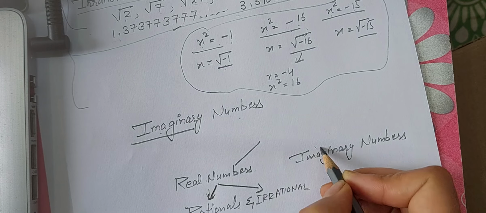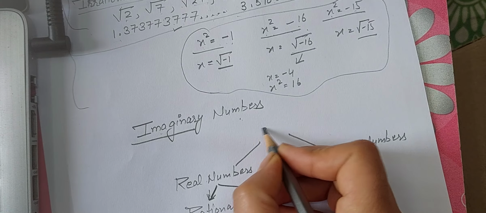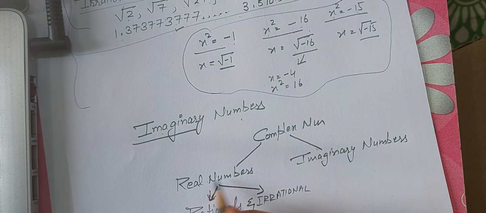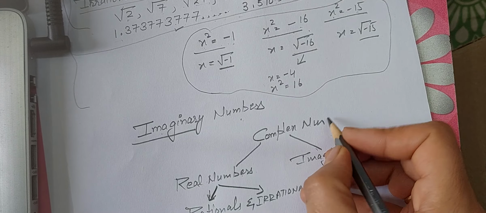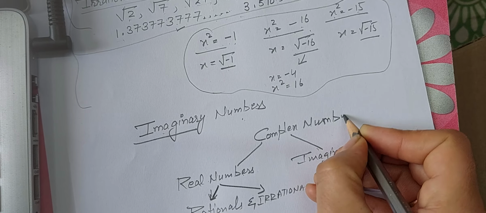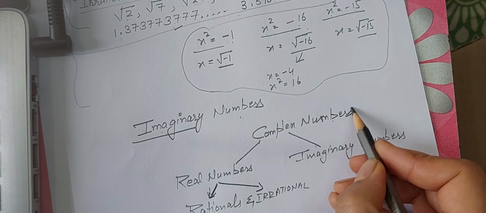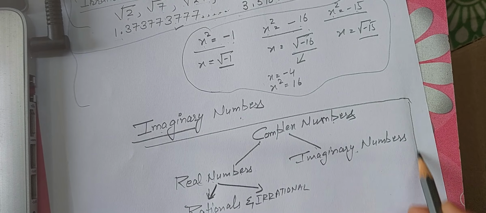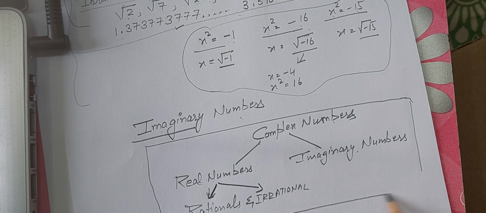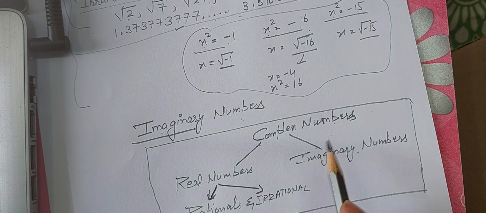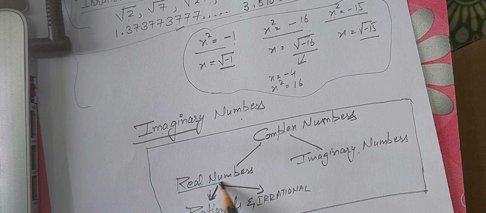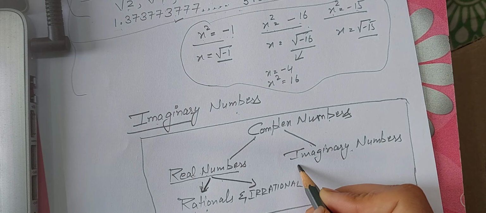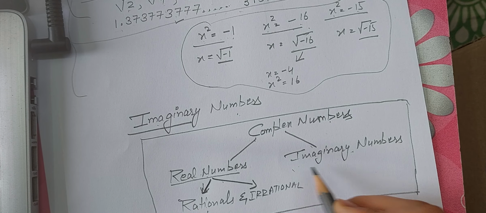And this whole thing comes under another name, it's called complex numbers, a combined name. Just like real numbers was a combined name for rational and irrational, we have the name complex numbers for these. This is what you are going to study in senior classes. Right now your class 9 syllabus is just limited to real numbers. So let's end the video here.